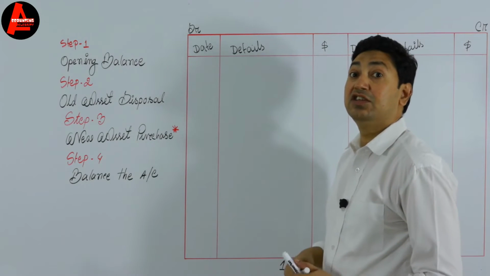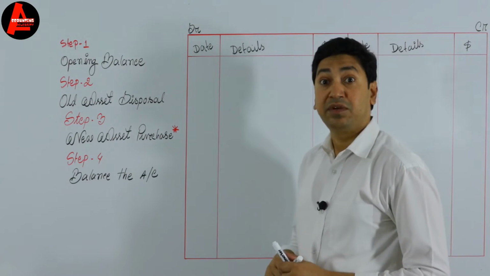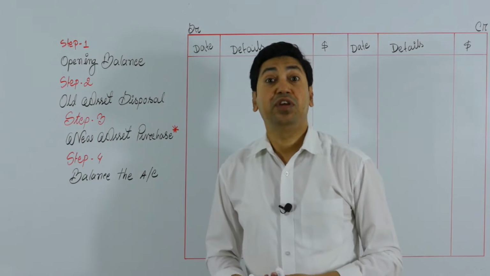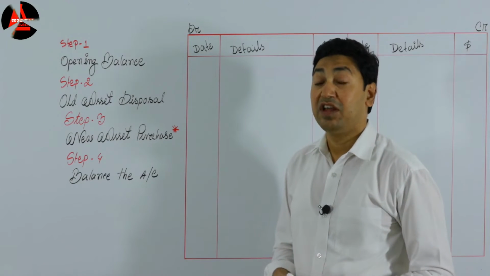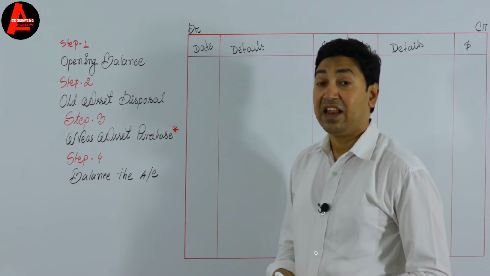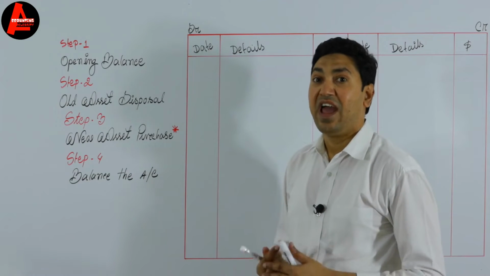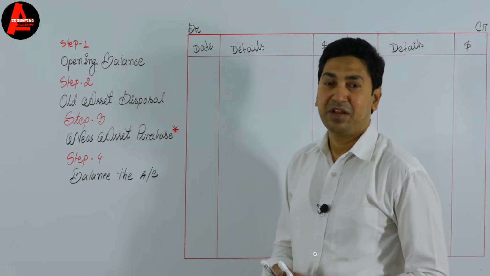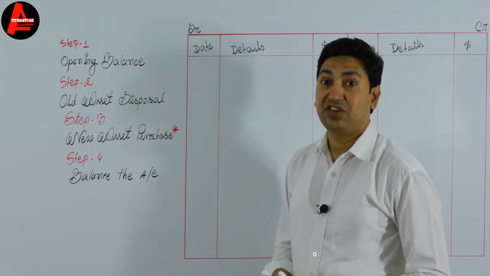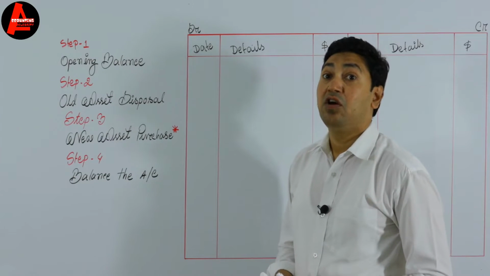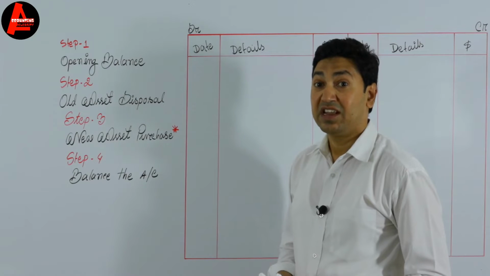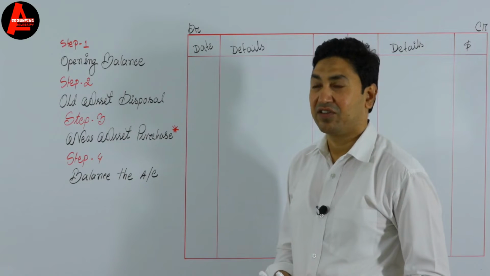Why? Because we are doing the motor vehicle account. Motor vehicle is an asset, and we know an asset is a debit balance. That is the reason we always write the opening balance on the debit side. Don't forget.